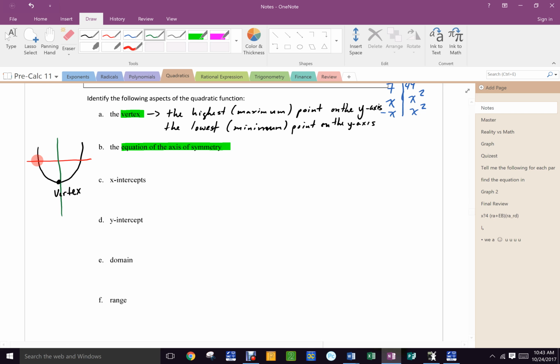So, the equation of the axis of symmetry, computer frozen, we'll just wait a moment. First of all, the axis of symmetry is a vertical line through what point?